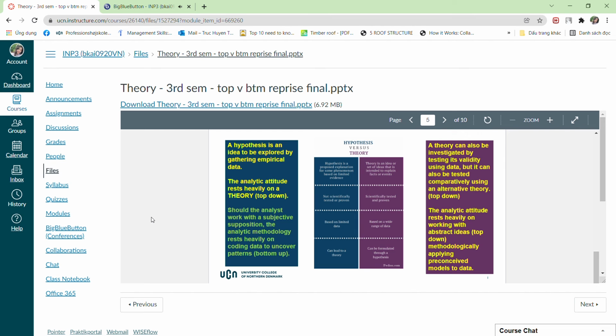If we look at the other side of the slide now, you can see that it basically works the same, but when you have a hypothesis, it is your idea, and the hypothesis and the analysis are, if you like, in the head of the analyst, and they're not even based on experience in the real world.